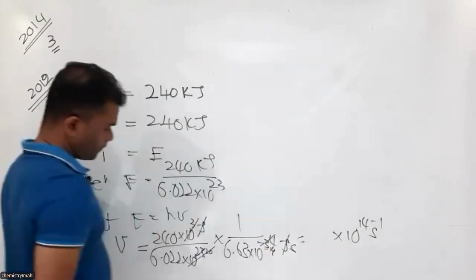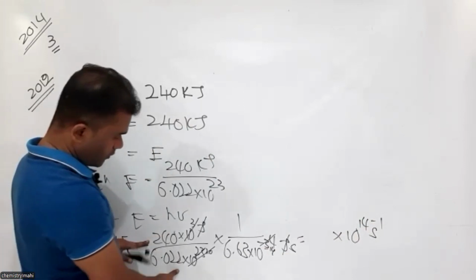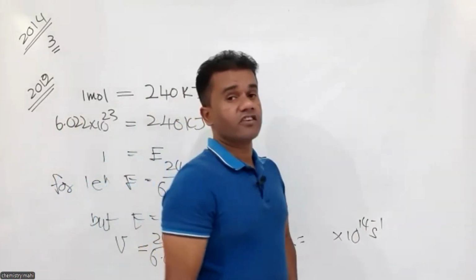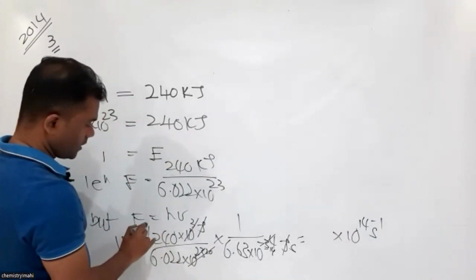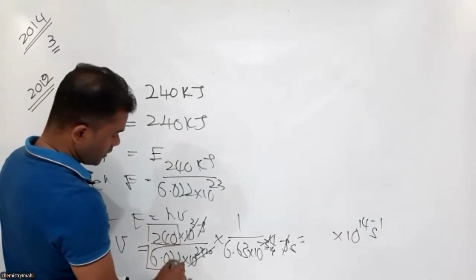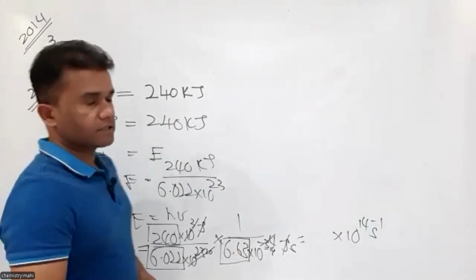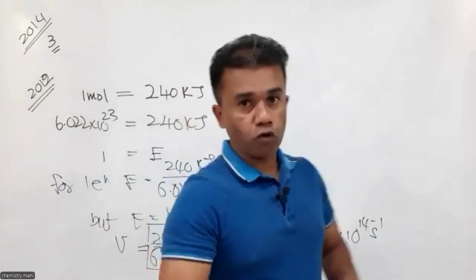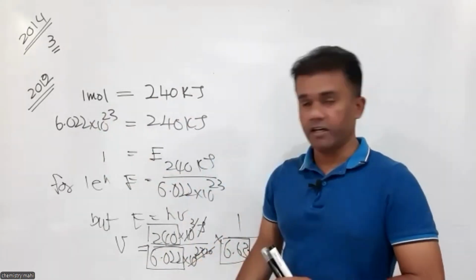But what's the value? The value is something like 240 divided by 6.022 divided by 6.63. The numbers are quite difficult, but again, follow my method. Don't take 6.022, forget 022, take 6 only.